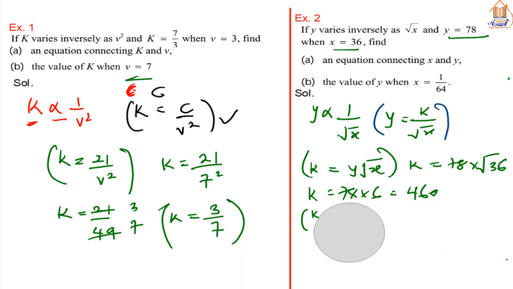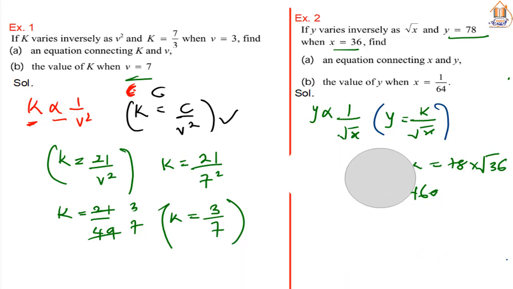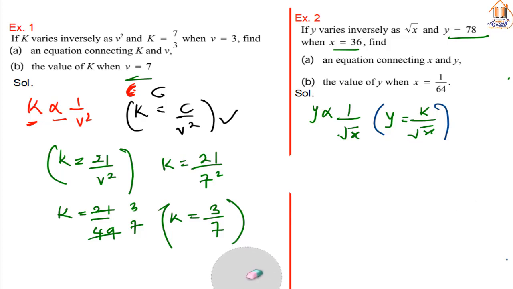Now, let's go to the b part of the question. The b part says that we should find the value of y when x is equal to 1 over 64. Now, how do we find the value of y when x is 1 over 64? This is going to be a little bit technical because of the fraction here, but since we know that the equation connecting x and y is y is equal to 468 all over the square root of x, we are going to make use of this equation.